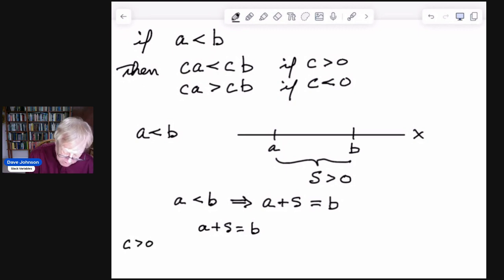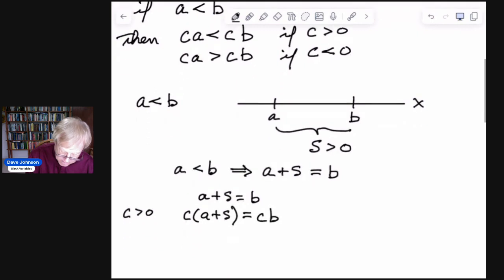So if we multiply both sides by c, we get c times (a plus s) is equal to c times b. Distribute, we get c times a plus c times s is equal to c times b. But notice that here we have an equation.